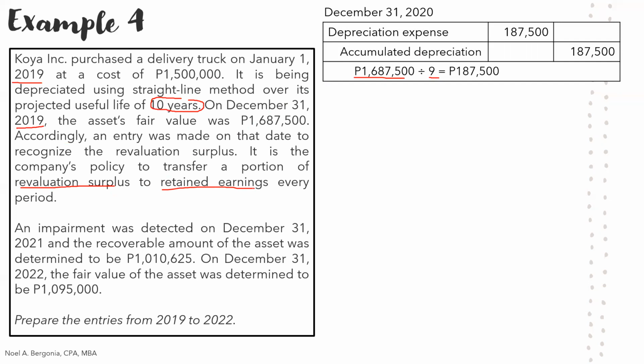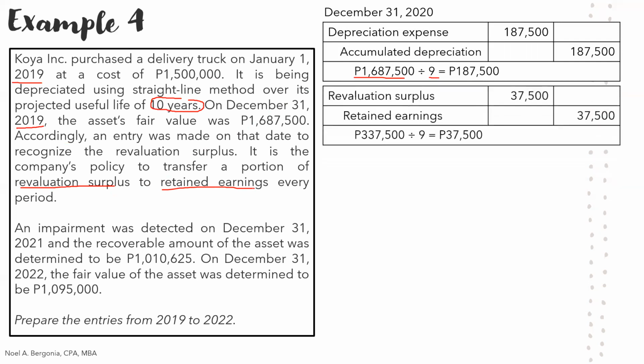So in this case, we will be transferring the revaluation surplus to be debited at 37,500 and credit retained earnings 37,500. So yung shortcut, yung binigay ko sa inyo, no, last time. So the revaluation of 337,500, yun po yung revaluation sa previous slide, divided by the remaining useful life of 9. So that would be 37,500.